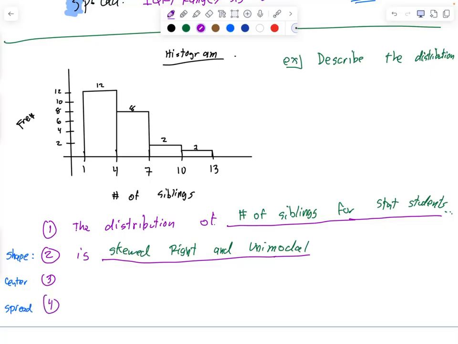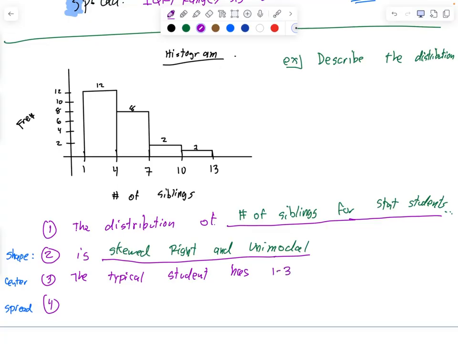Where do most students have, where is like the majority of all of them? We're like, most students have 1 to, I would even go further.